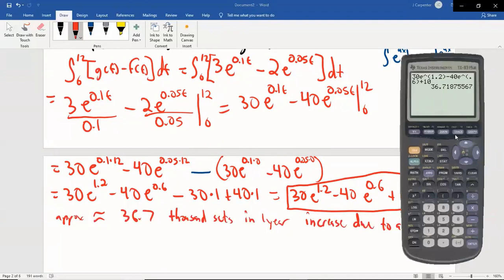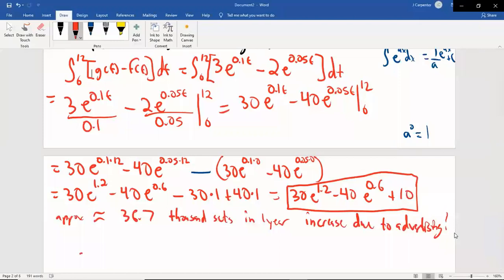If you wanted to know them independently, second, calc 7, and I can use the up and down to switch between them. So let's do the 2 first. So this is the no advertising curve. It's a lot less steep. It's not growing as quickly. It's lower because advertising helps. So let's go from 0 to 12, 0, 12. And that area is 32.9.